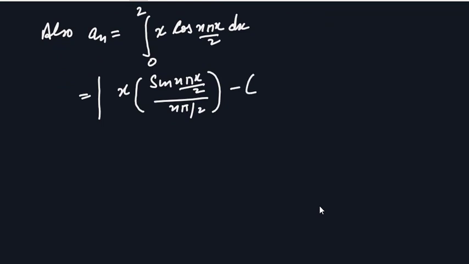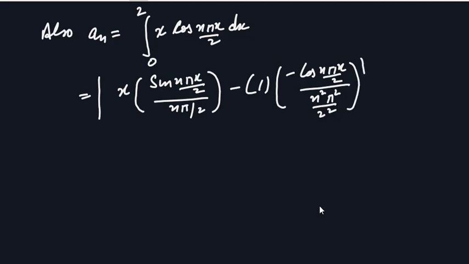Minus derivative of x is 1. Again integration of sine is minus cos of n pi x by 2 divided by n square pi square by 2 square. Lower limit is 0, upper limit is 2.